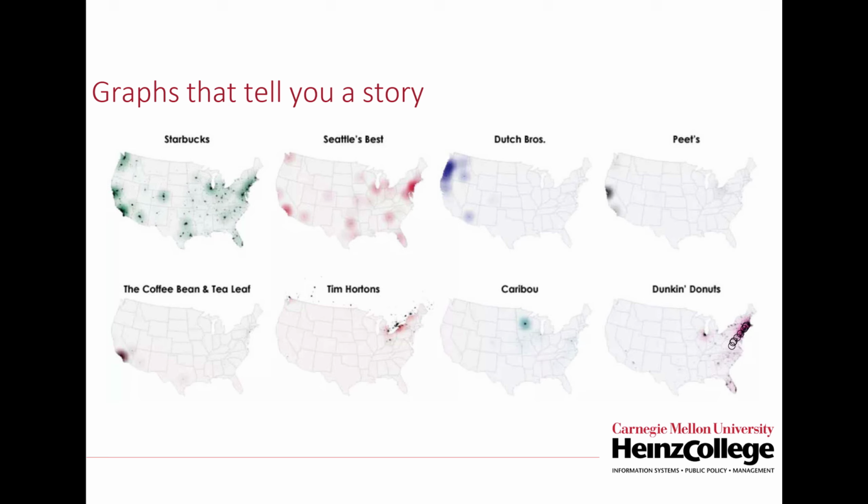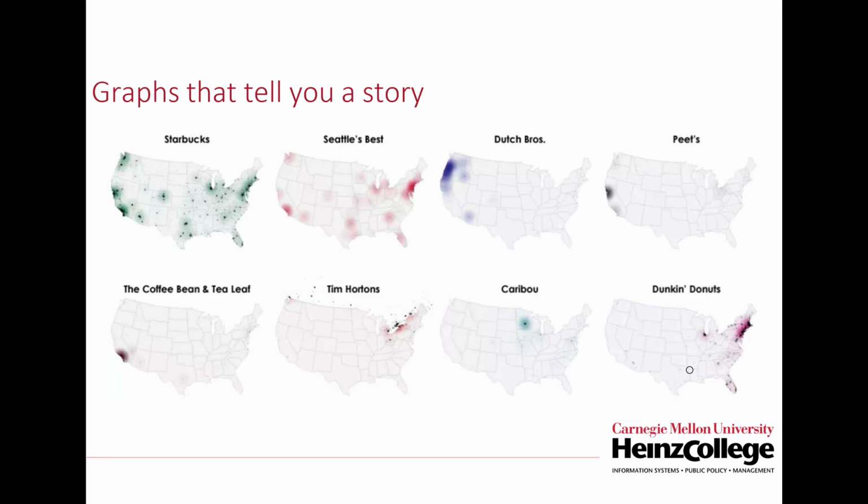In the East and Chicago, Dunkin' Donuts has been around forever and is still the leading vendor of coffee. So these graphs, they don't have precision.